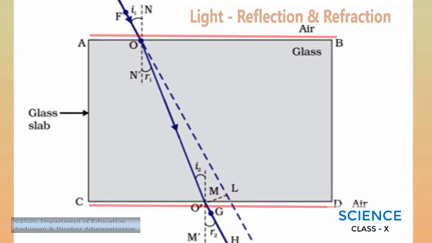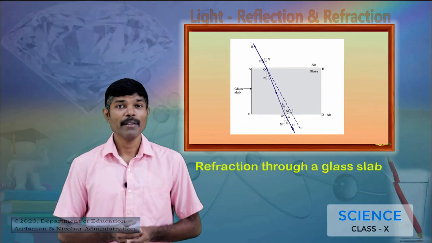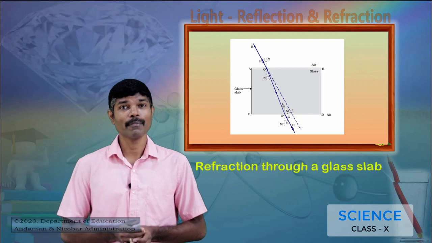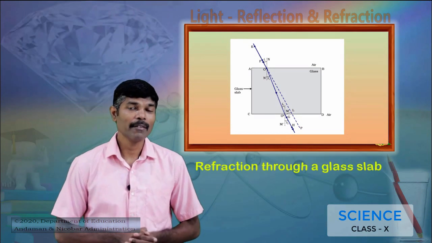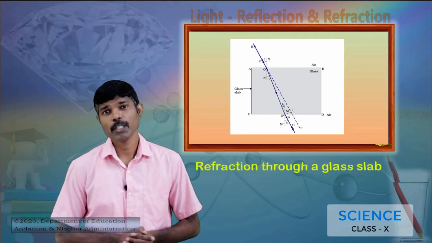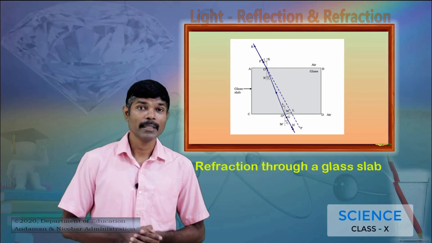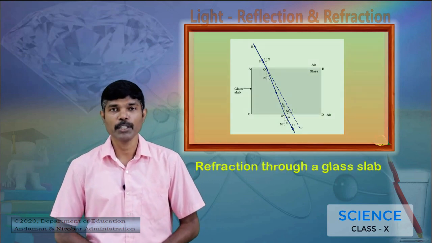Similarly, the normals N dash and M dash are parallel. So when we continue the path of EF and GH, we get parallel lines. From the parallel lines we can also understand that the speed of light in a particular medium is the same, that is constant. Now we will see how the refraction takes place.